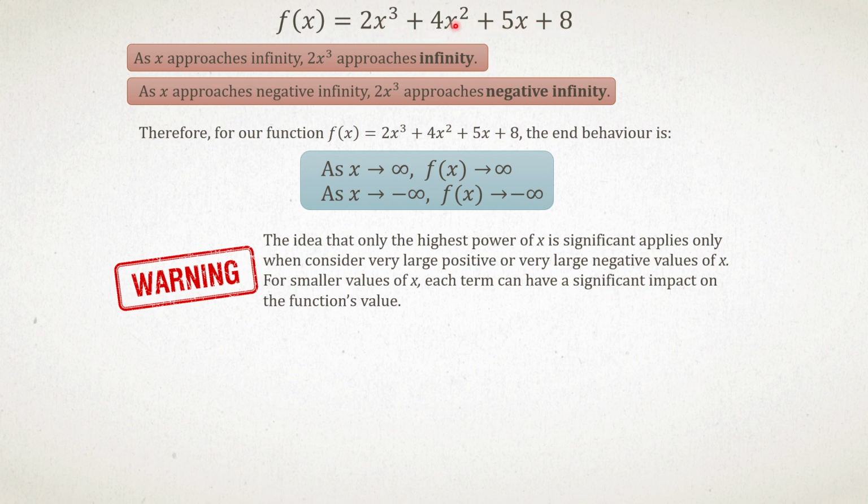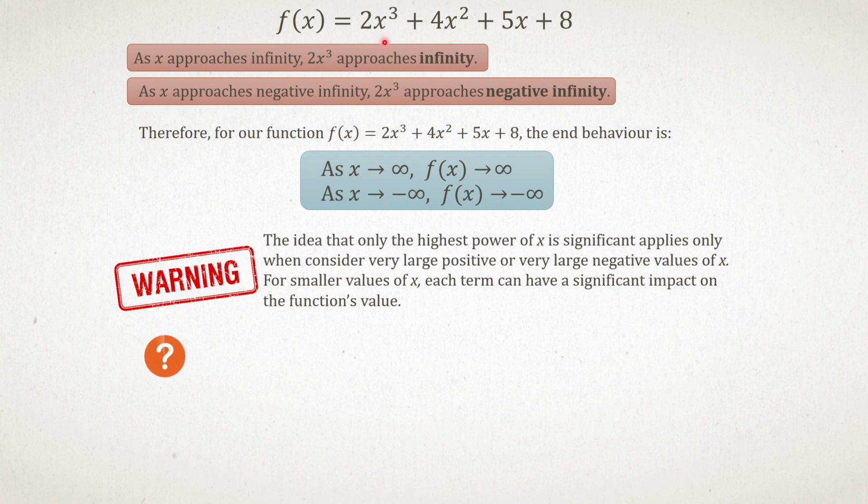Like if you're subbing in 1 or 2 or 5 or negative 10 or something like that, these three terms here do have a big impact on the value of this function. It's just when we start using really big positive or negative x values that these terms don't really seem to matter because that 2x cubed kind of takes over and it overpowers everything in terms of size.